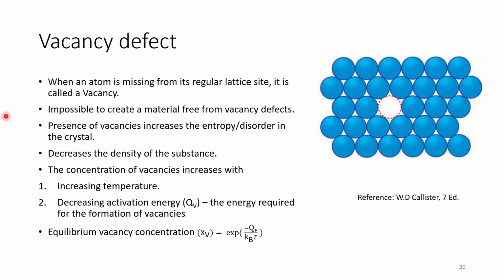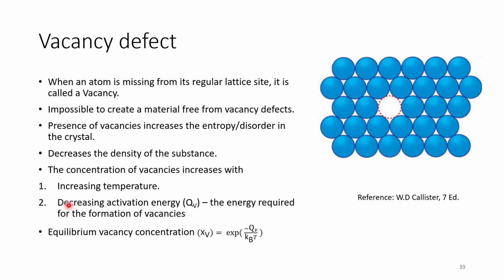The presence of vacancies increases entropy or disorder in the crystal, and decreases the density of the substance. The concentration of vacancies increases if you increase the temperature, because atoms are then more likely to diffuse, leading to the formation of these vacancies.